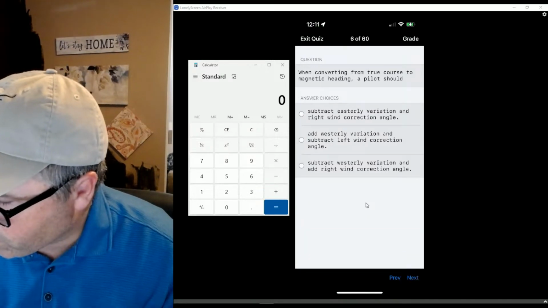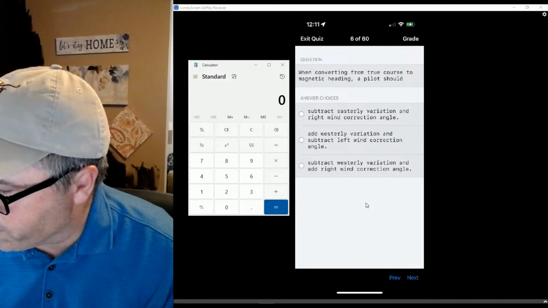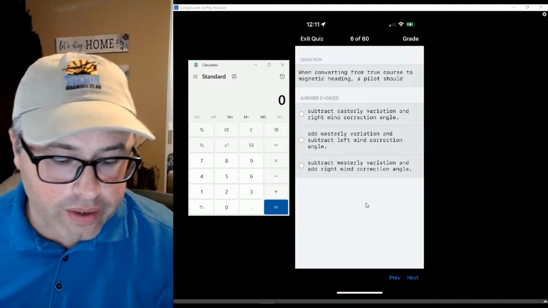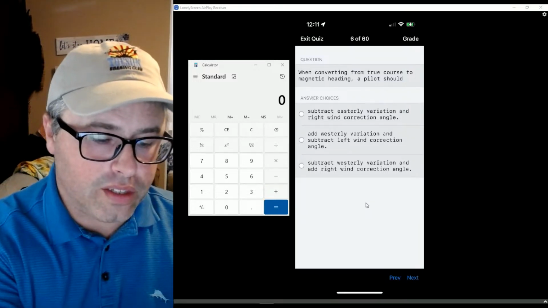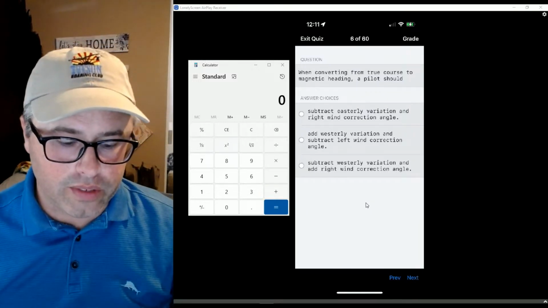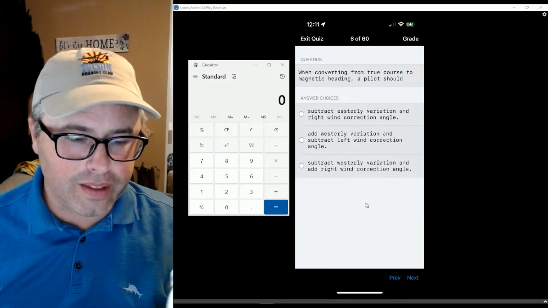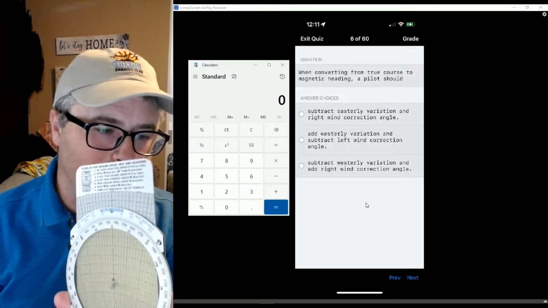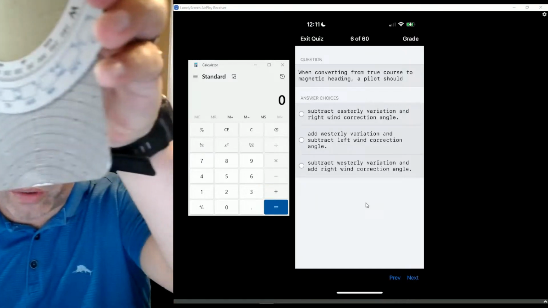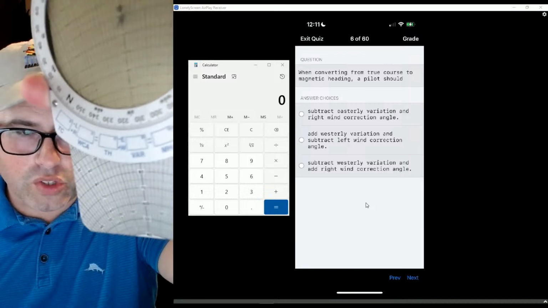When converting from the true course to magnetic heading, a pilot should. This is where it's really handy. This is a question where you actually look at your computer, so let me put it up to the screen.